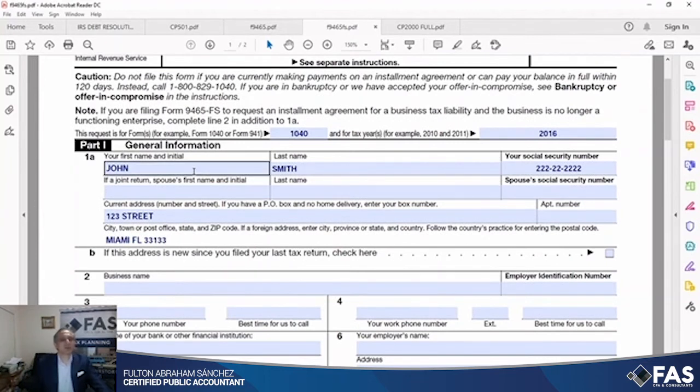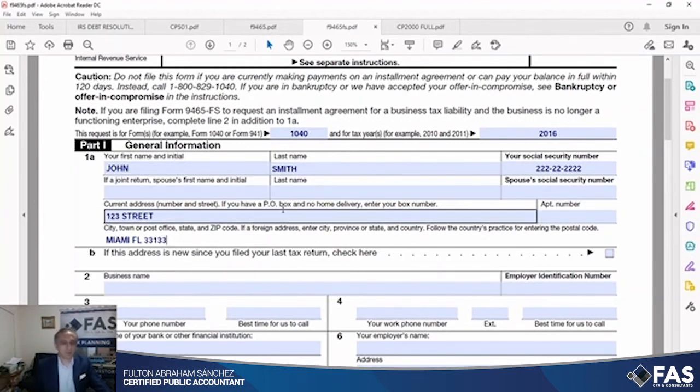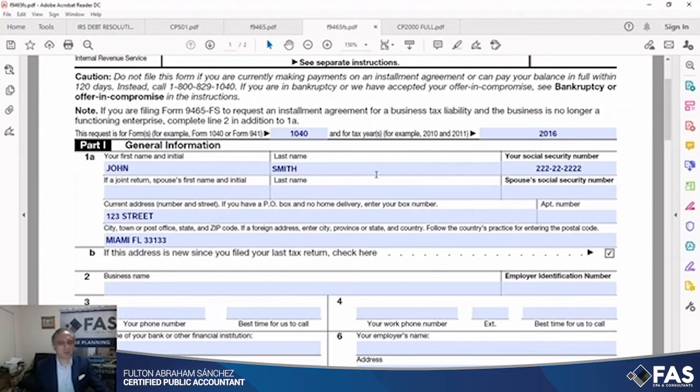This information matches your return. If you have moved and have a different address, then you need to put the new address, and then on line B, click that your address changed.